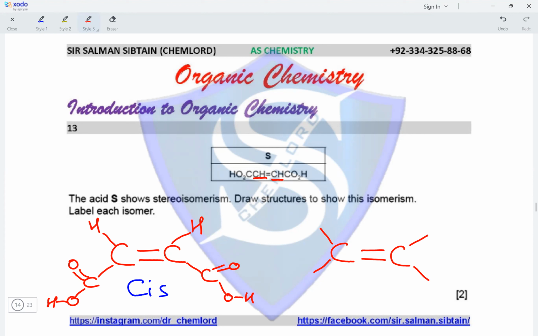Let's switch them on the carbon atom on the right. So C double bond O, single bond OH goes up and hydrogen comes down on the carbon atom on the right. And hydrogen stays up and C double bond O, single bond OH stays at the bottom of the carbon atom on the left, giving rise to the trans isomer of acid S.